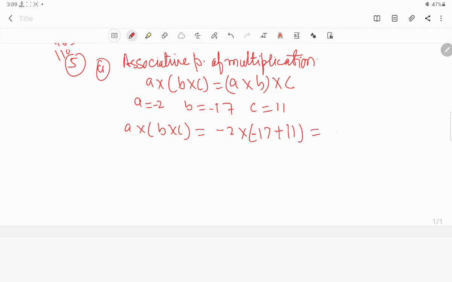See how much is coming. This is not distributive, this is the associative property. So that is like this.